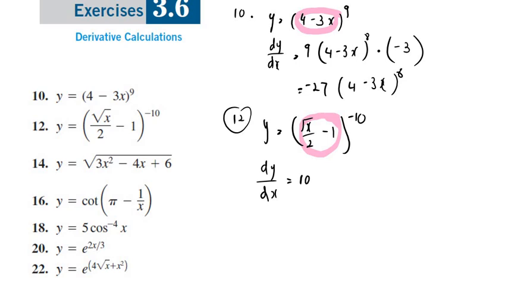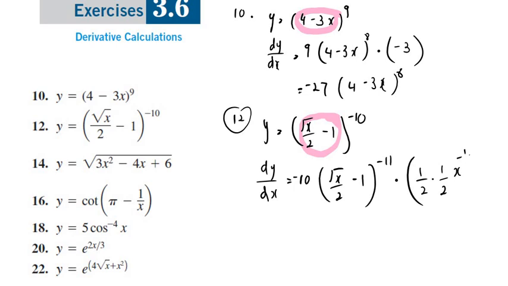y equals (square root of x over 2 minus 1) to the power minus 10. So here dy over dx, let me first draw the baby function here. So that's the baby function. So the differentiation of this would be 10. We keep the baby function as it is, over 2 minus 1, and we subtract 1 from the power.